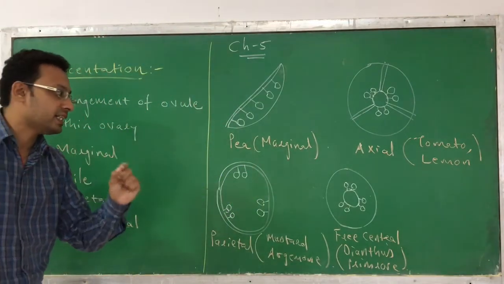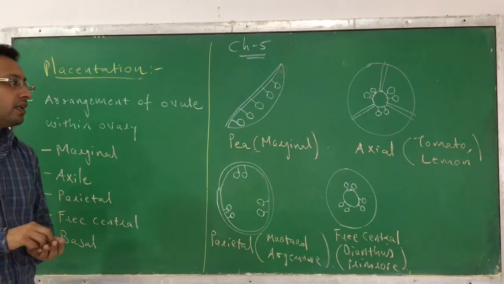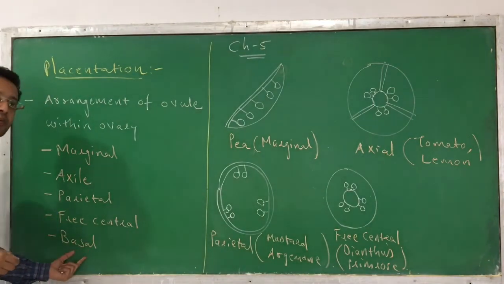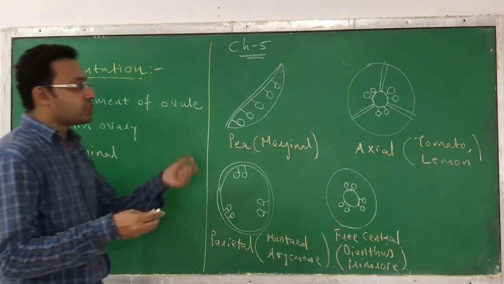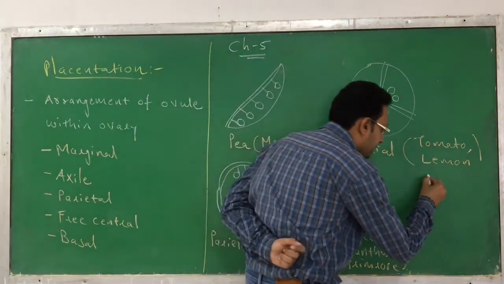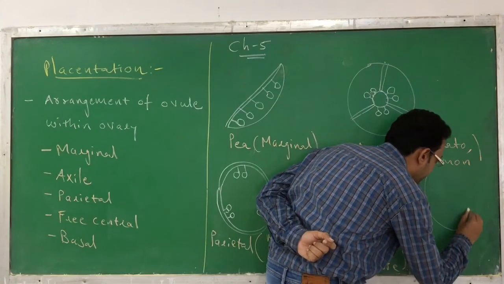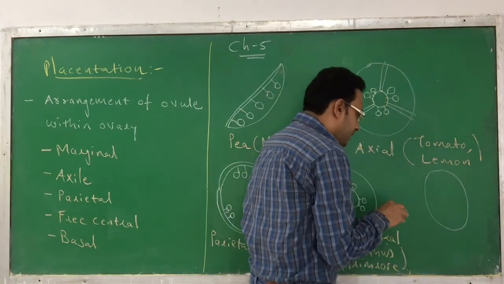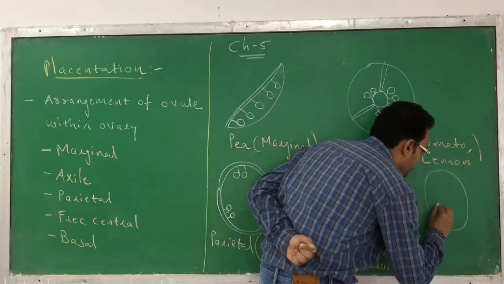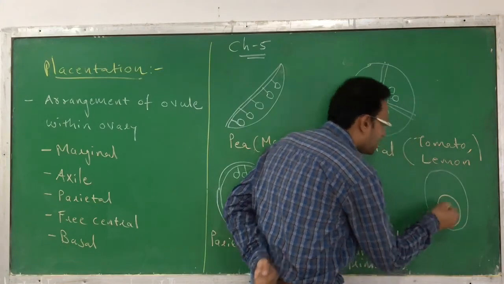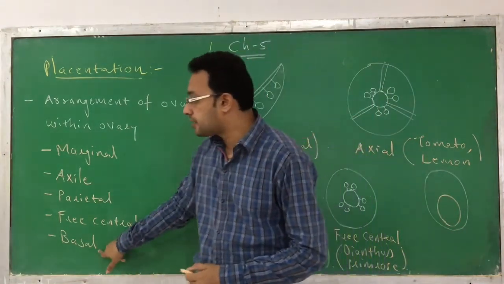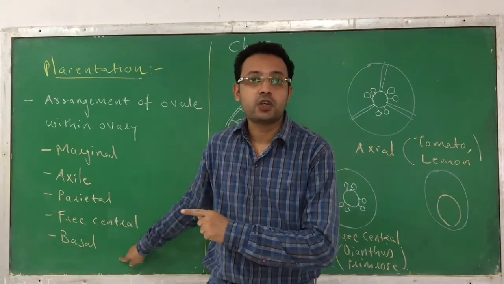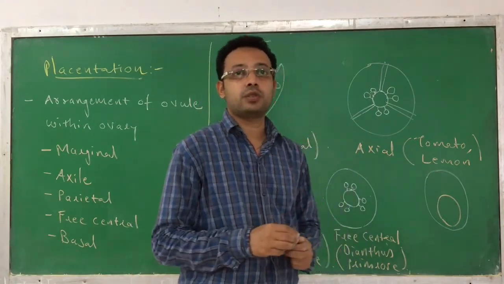You can call it free central. Now the fifth and last type of placentation is called basal placentation. So what is basal placentation? Suppose this is the ovary. Within this ovary, the ovules are present at the base. As they are present at the base, we call it basal placentation.